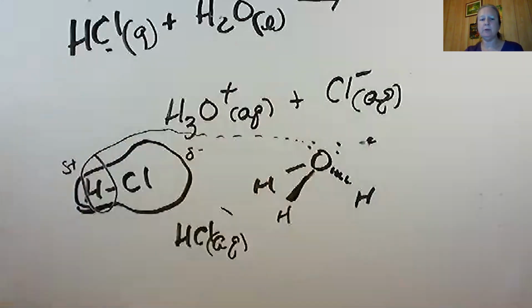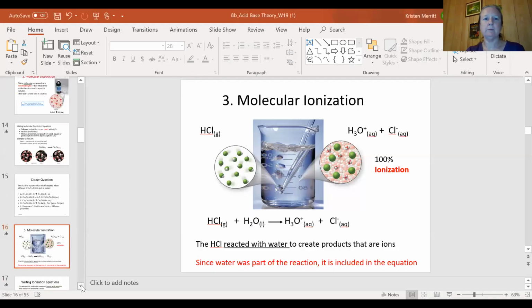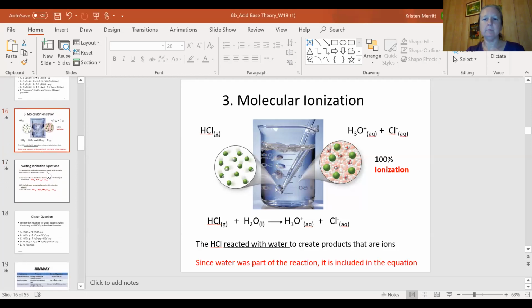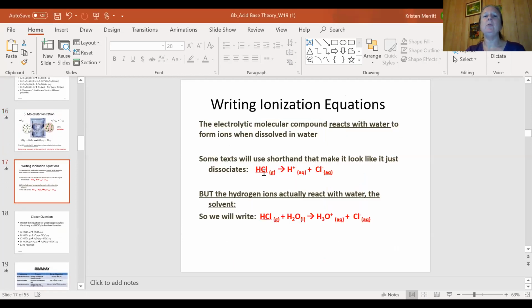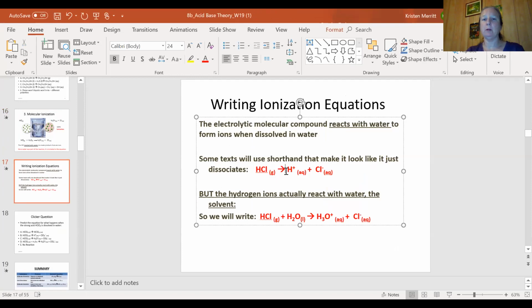So molecular ionization has to have the water because you cannot write those products without that. Do not do this. If you give me this, it's wrong.